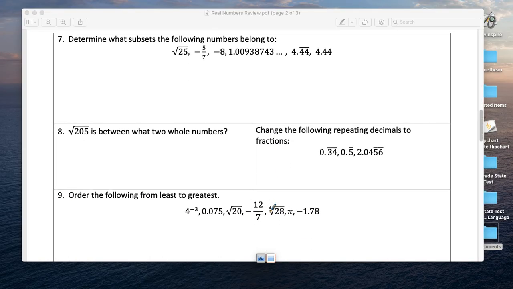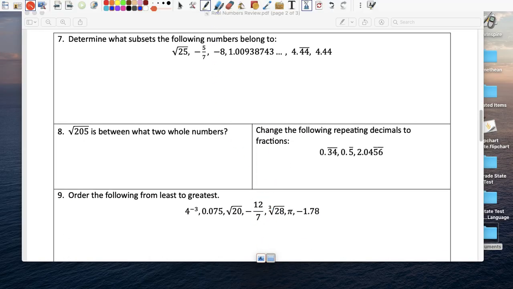Determine what subsets the following numbers belong to. Well, let's go to a rational number. If you're irrational, you're just irrational. There's nothing else to talk about. But if you're rational, remember, we started with the counting, or natural numbers, however you want to call them. That's the first one.